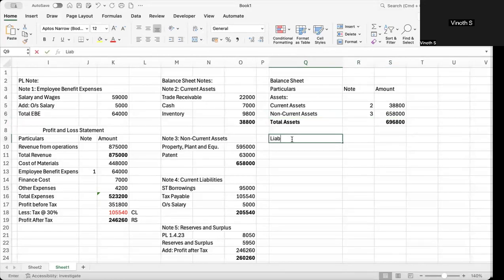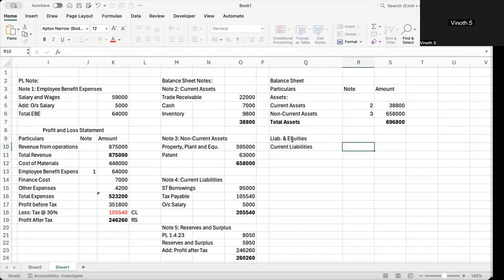Next is liabilities and equities. The first item is current liabilities. Note already we have prepared, note number 4, 2,05,540.